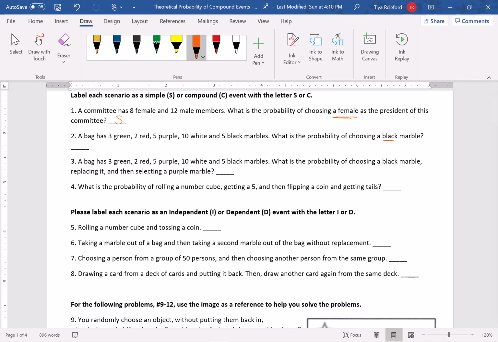Number 3 says a bag has 3 green, 2 red, 5 purple, 10 white, and 5 black marbles. What is the probability of choosing a black marble, replacing it, and then choosing a purple marble? How many marbles are we choosing? 2.